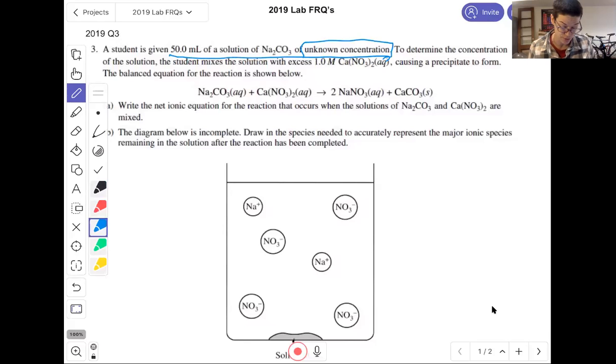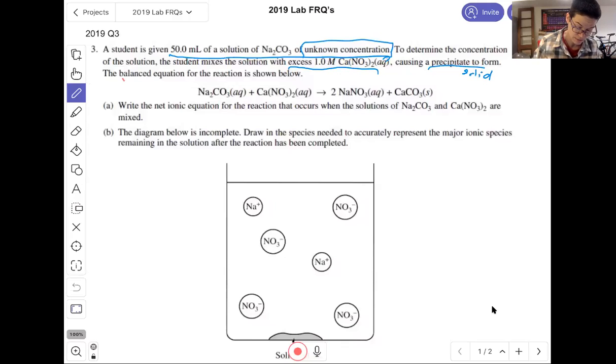It says to determine the concentration of the solution, the student mixes the solution with excess 1 molar calcium nitrate, causing a precipitate to form. And remember, precipitate just means a solid. And then they give you the balanced equation. So balanced equation means I'm going to have to do a mole ratio somewhere.